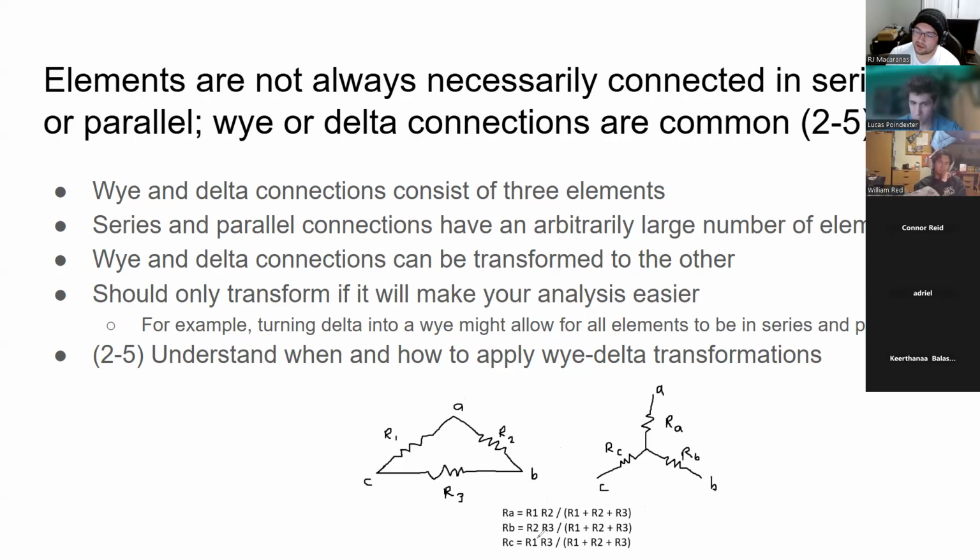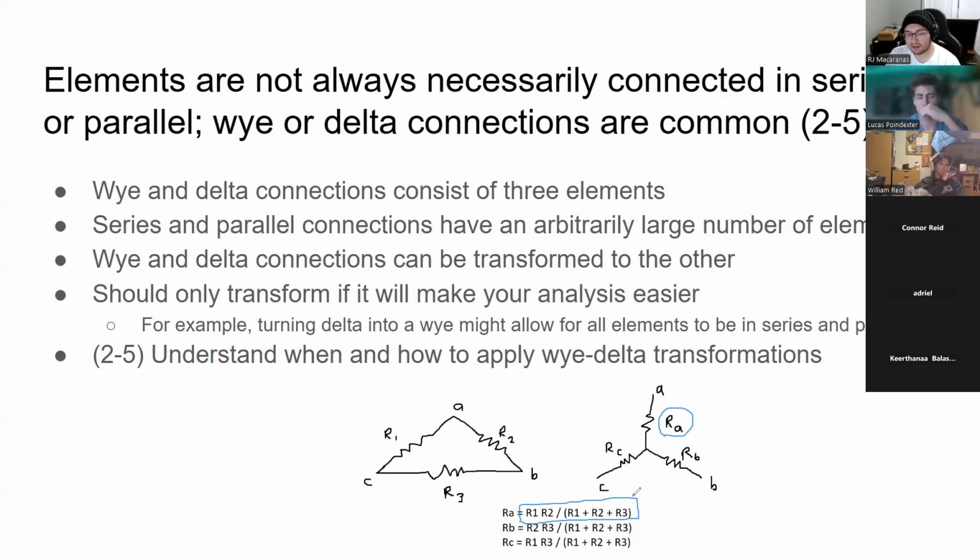In the textbook, there's also the opposite transformation, right? This is from delta to Y. If I have R1, R2, and R3, I can figure out RA, which is the product of R1 and R2 divided by the sum of all three, and so on and so forth.